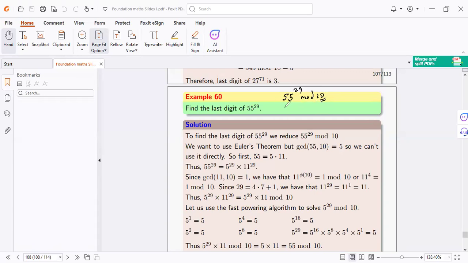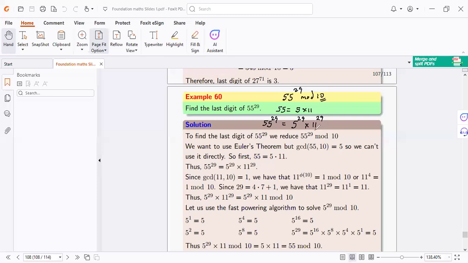So to use Euler phi, the first thing I will do is say this 55 can be decomposed as a product of a prime number and another number. So 55 raised to 29 is the same thing as 5 raised to 29 times 11 raised to 29.